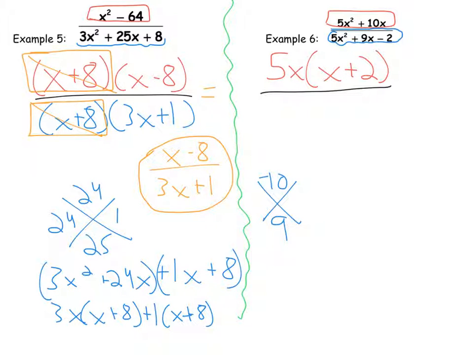So how about positive 10 and negative 1? That'll do the trick. And so let's go ahead and split the middle. 5x squared plus 10x minus x minus 2.